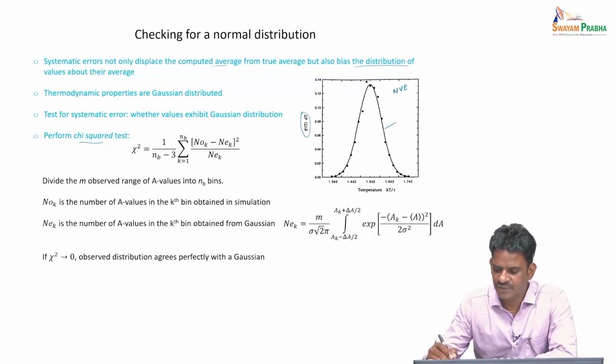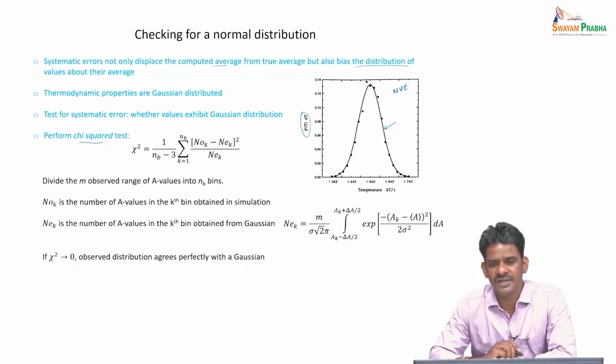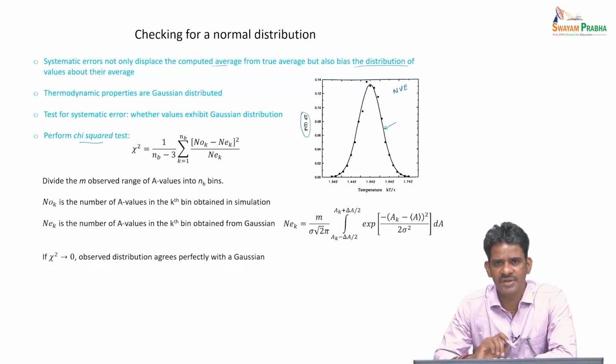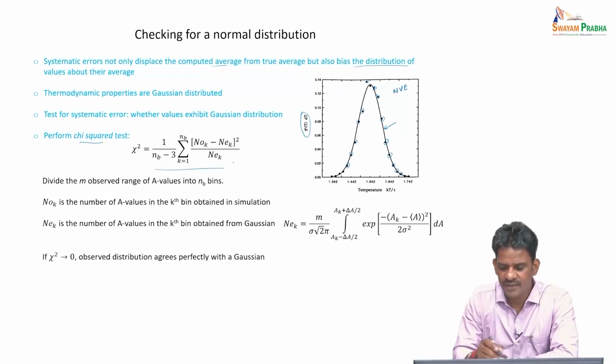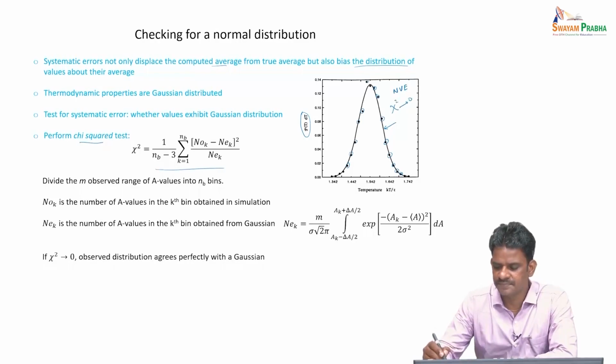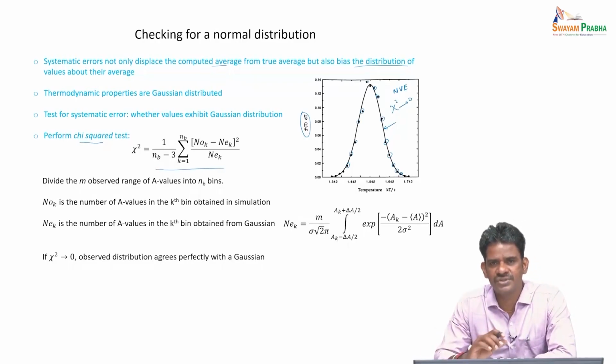The continuous curve that you see here is a theoretically calculated Gaussian curve based on the mean and variance in the simulation, whereas those points that you see here are the distribution calculated in the simulation itself, and you can see that the distribution pretty much follows the theoretical expectations. So if you do a chi-square test defined by this formula, you will see chi-square is close to 0. That means the two distributions are nearly matching.